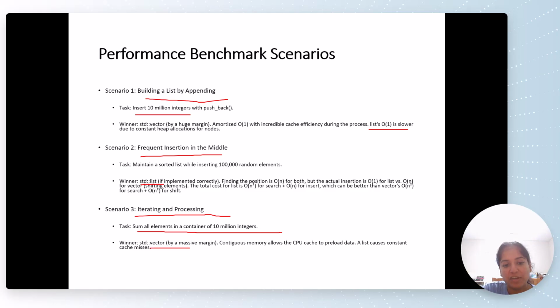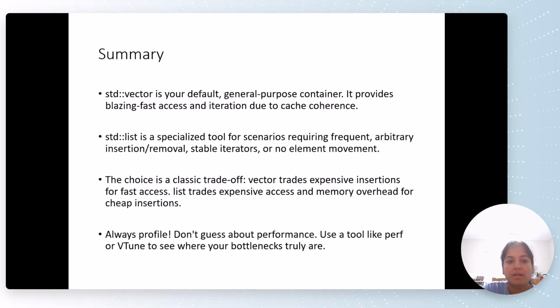Again, vector is the winner. So vector is the default general purpose container. It provides fast access and iteration due to cache coherence. List, on the other hand, is specialized for certain scenarios, like when we have to perform insertions and deletions in the middle. The choice depends on you, but generally we use vectors over lists.